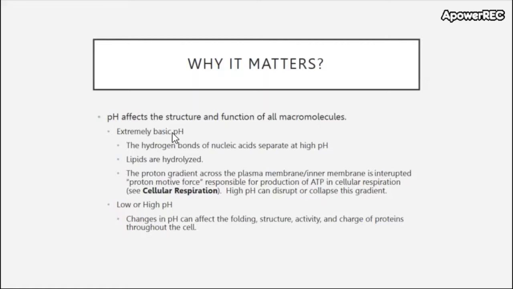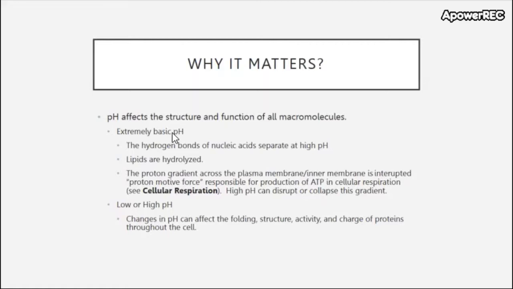And then there's something called the proton gradient, which is used for cellular respiration. With this proton gradient, there's a difference in the concentration of protons inside and outside of the inner membrane.